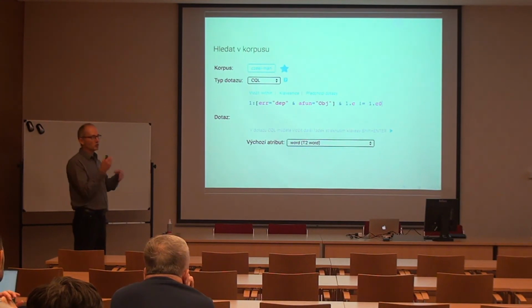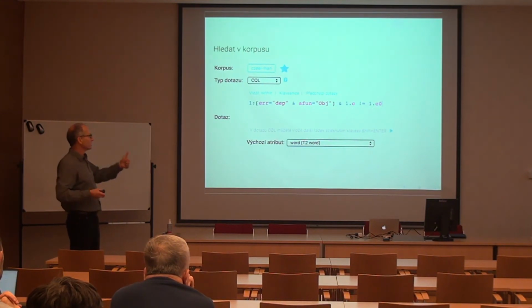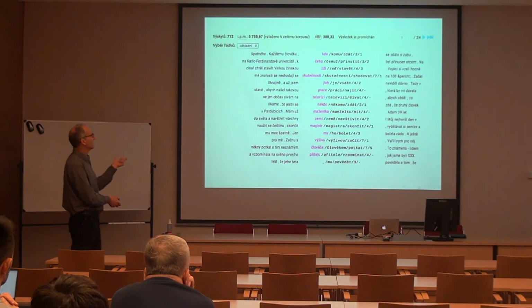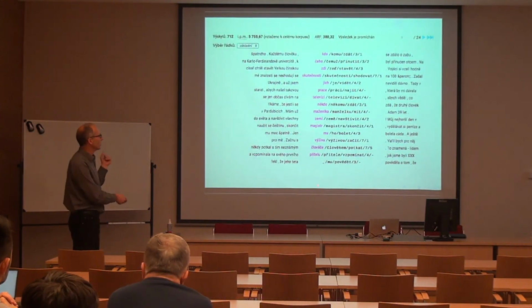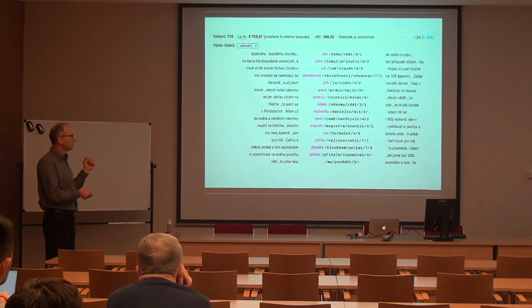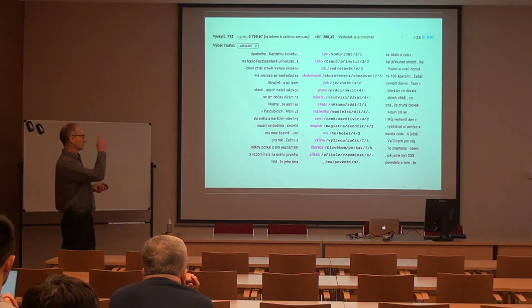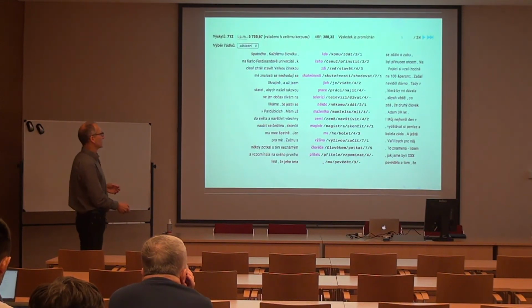So case type of errors in objects, and also it's classified as this dependency type of error. And you get the list of like this, and it's manually tagged, and it's basically correct if you go through those cases.